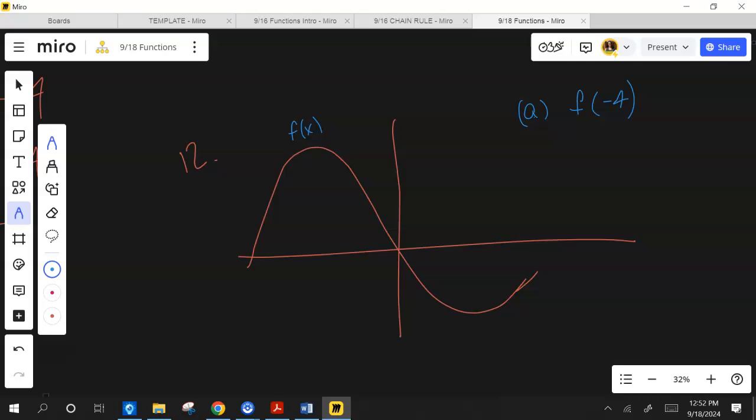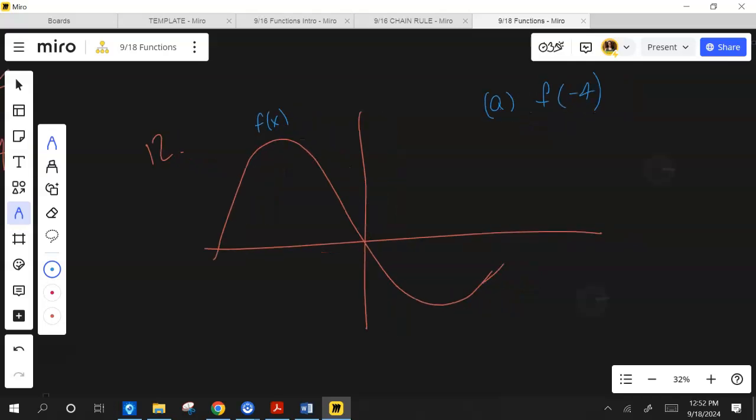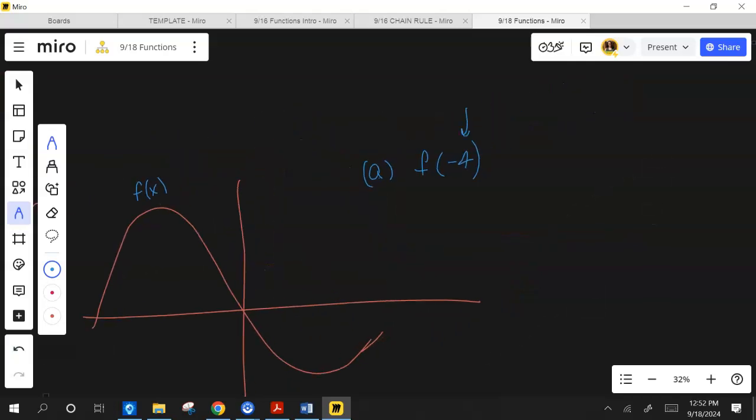If this is the graph of f of x, and I ask you to find f of negative 4, here's what I'm going to do. Make yourself a note. I'm going to look where x is negative 4 on the graph.